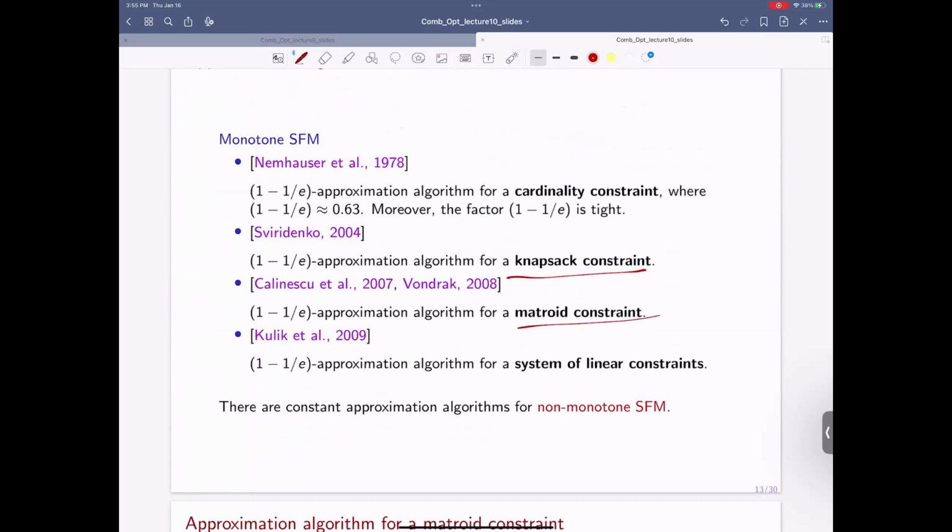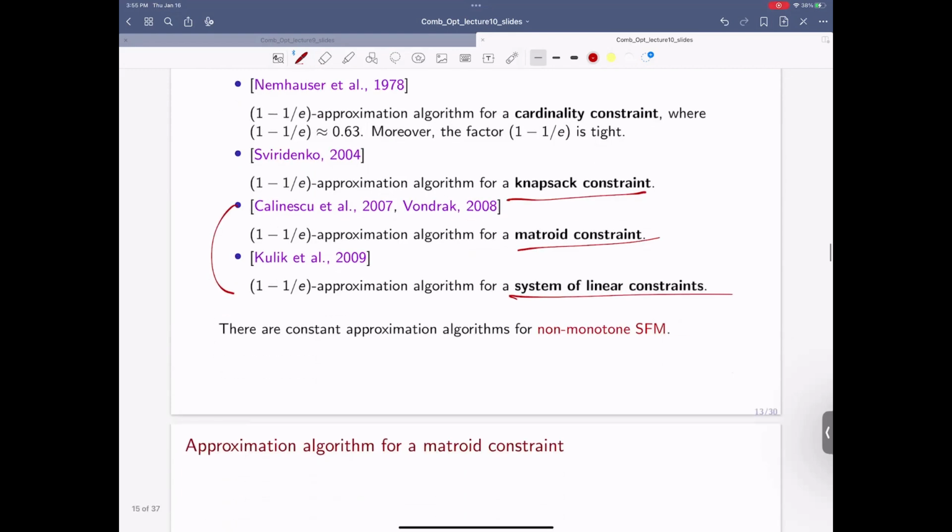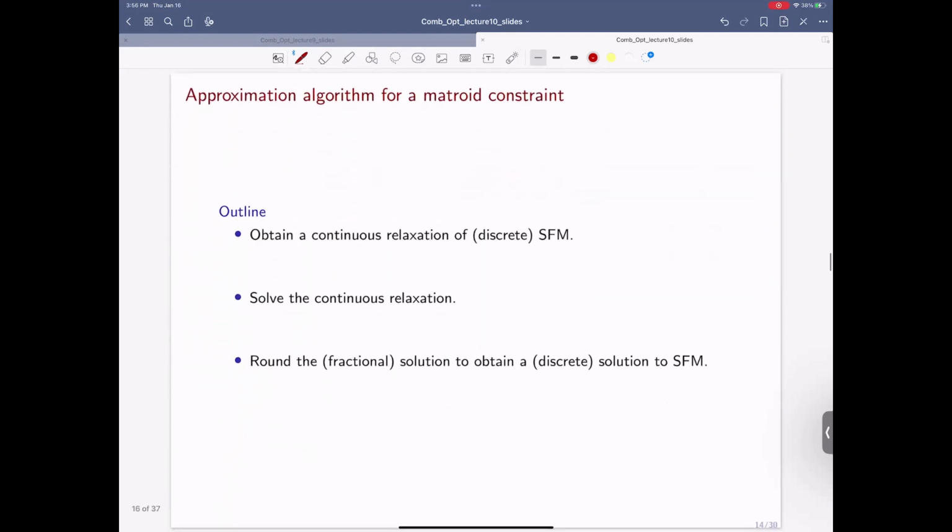And for a matroid constraint and for a system of linear constraints, you can achieve the same approximation ratio. But their algorithms are quite different from this simple greedy algorithm. That's what we're going to briefly touch upon. So the idea is the following. We have a matroid constraint.